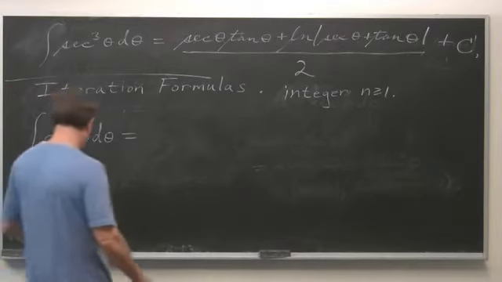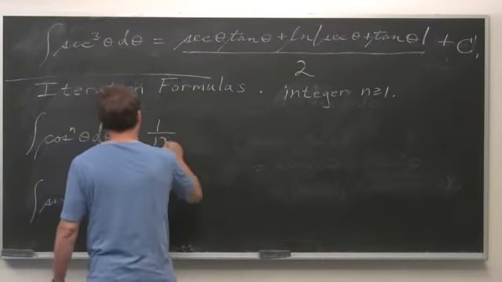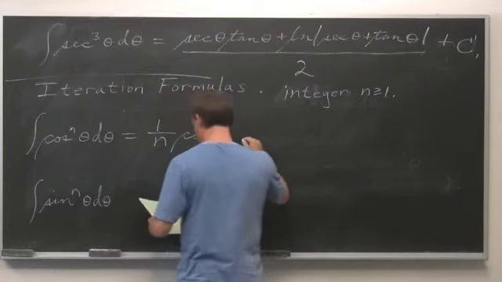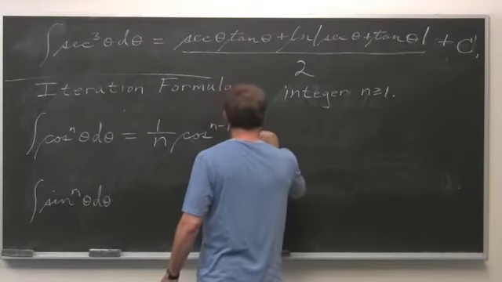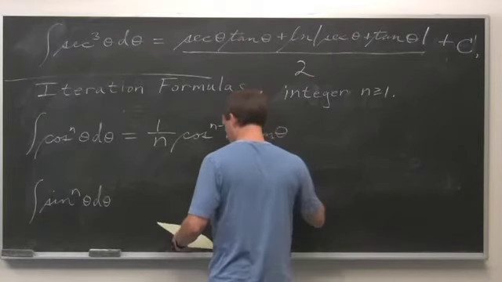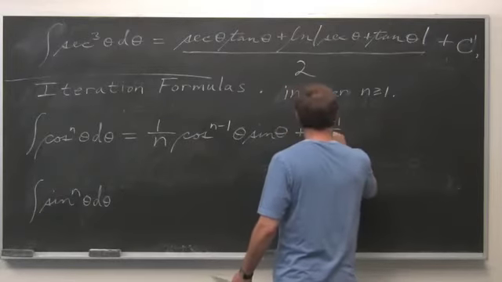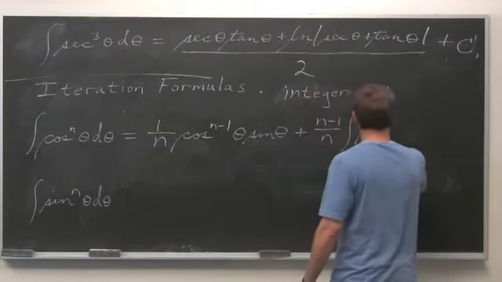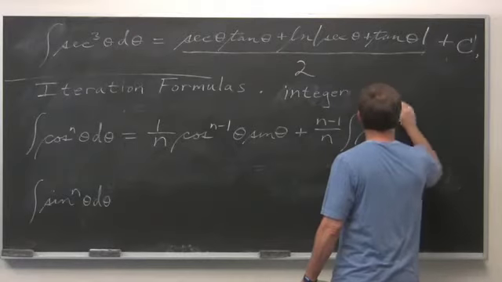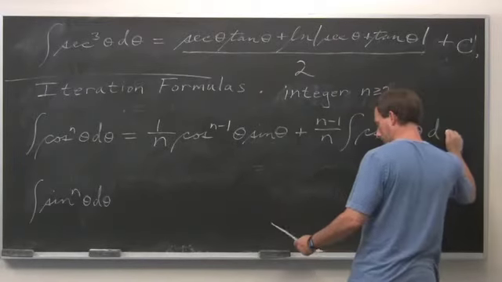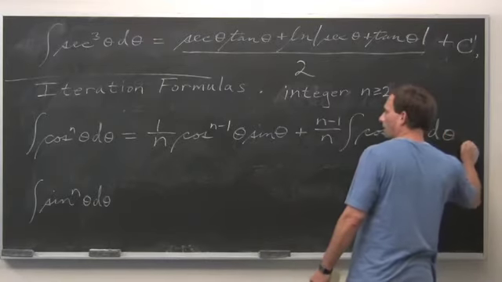The formulas are 1 over n cosine to the n minus 1 theta sine theta plus n minus 1 over n times the integral of cosine to the n minus 2. In fact, I wanted this to be greater than or equal to 2.